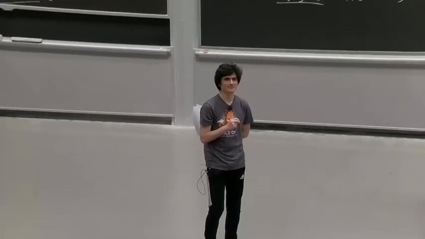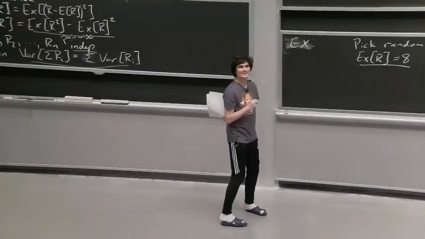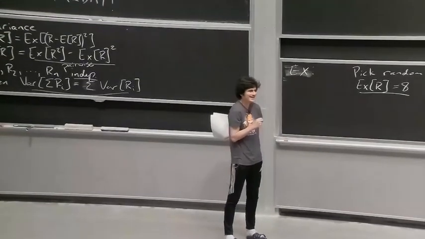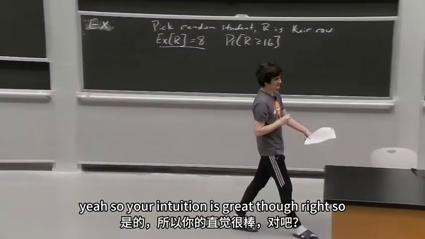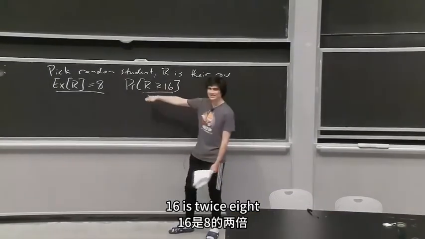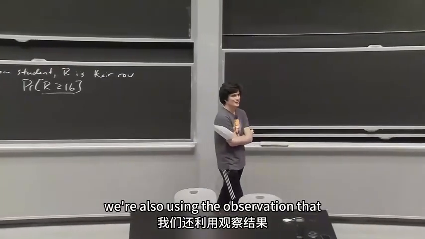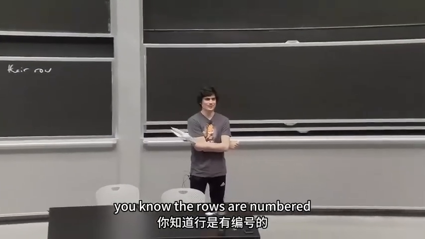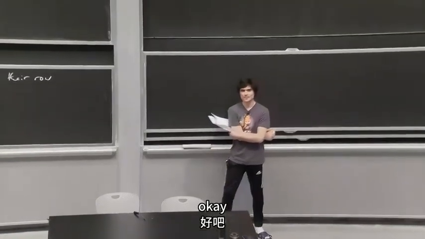Yeah, so your intuition is great, though, right? Well, we're using the observation that 16 is twice 8, right? We're also using the observation that the rows are numbered 0 through 20, so they're non-negative. Okay.